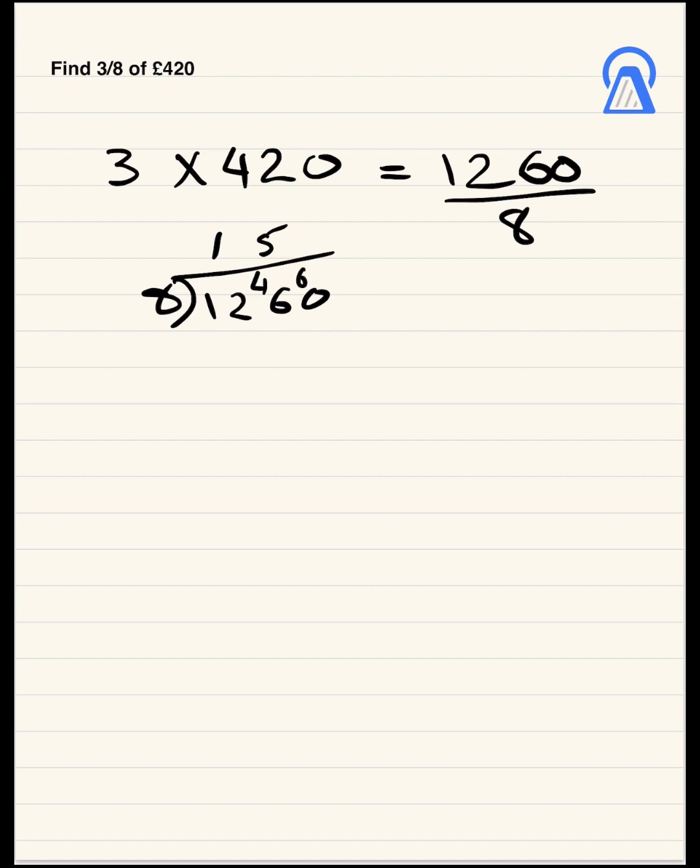So we've got 6 to carry forward. And 60 divided by 8 would give me 7 lots, which would also leave me, so 56, I'd have 4 left. So I'd have 4/8 left, which would mean I'd have a half. Okay, so I'd end up with £157.50. We want to have the 2 decimals at the end because we're talking about money.